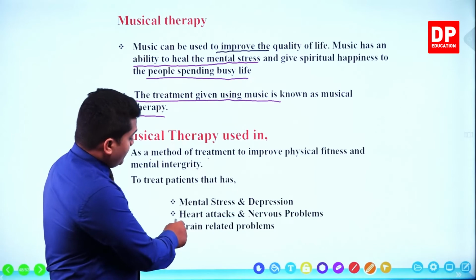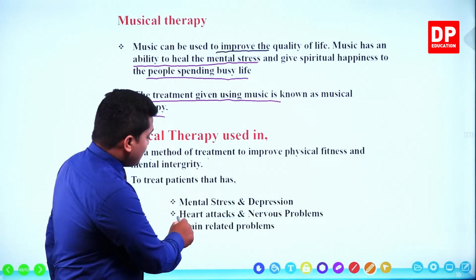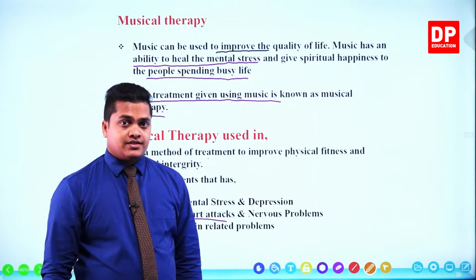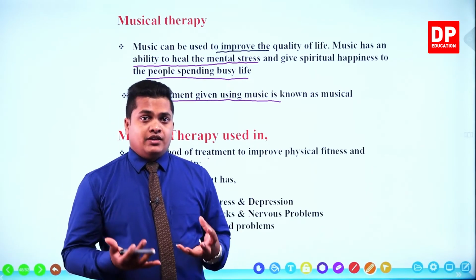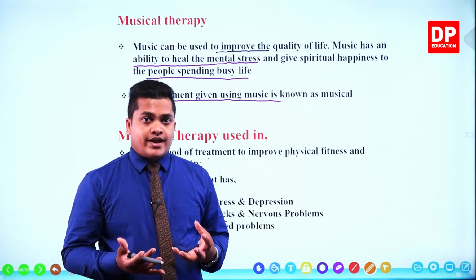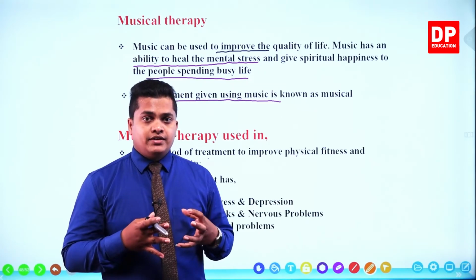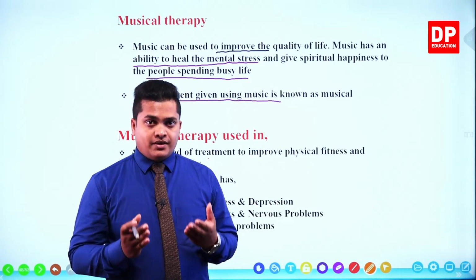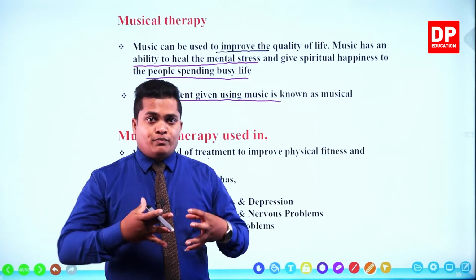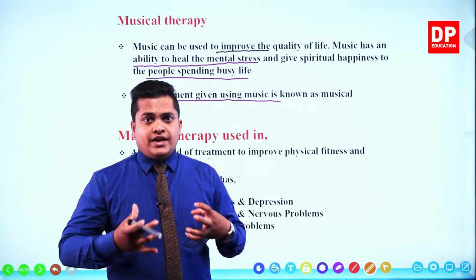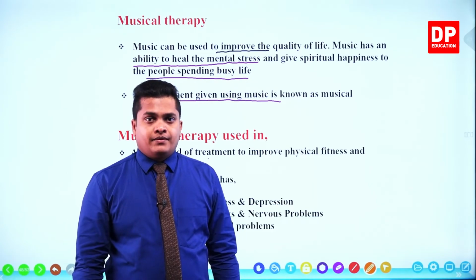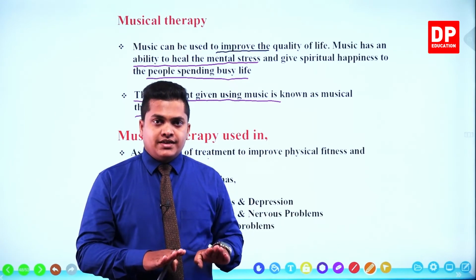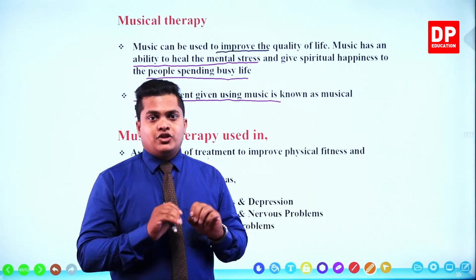Then the patients that have heart attacks. If a patient suddenly panics, that patient may get a heart attack. So the first thing is to calm that patient down.